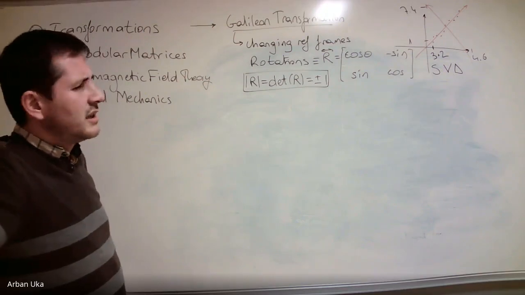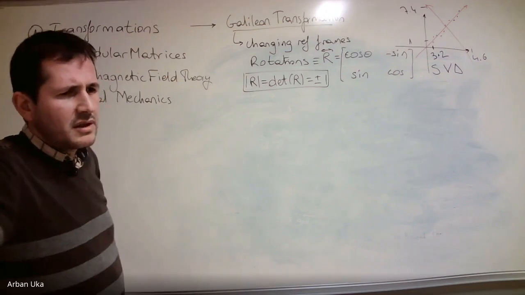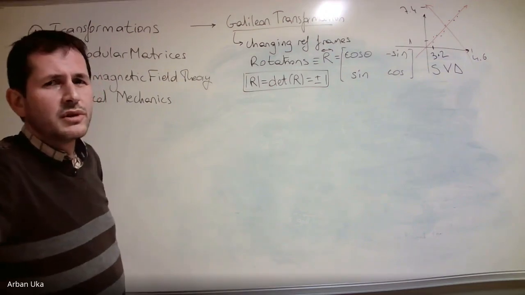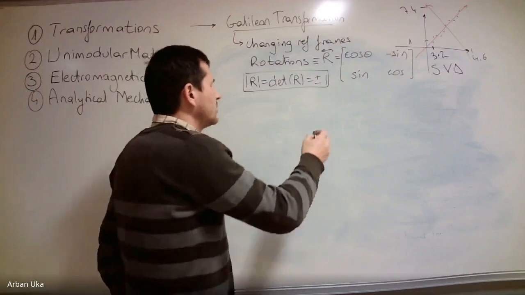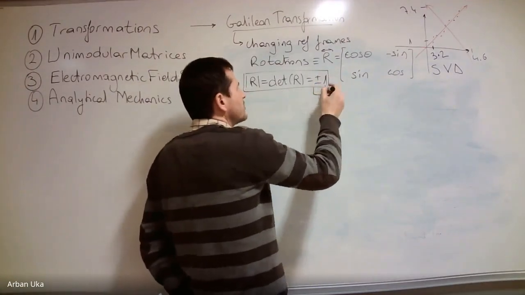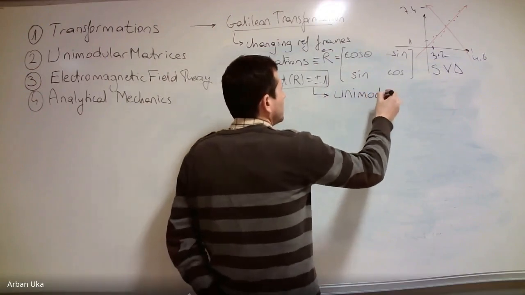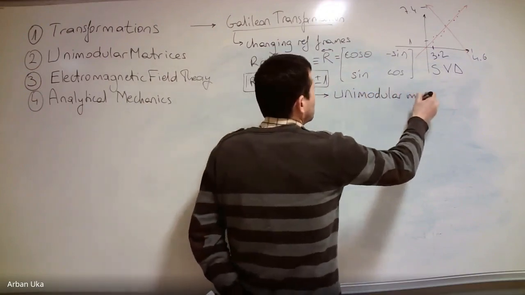In fact, any matrix which has a determinant of plus or minus 1 is denoted as a unimodular matrix. So let's have a term, which probably we have heard: if the absolute value of the determinant is 1, these are called unimodular matrices.